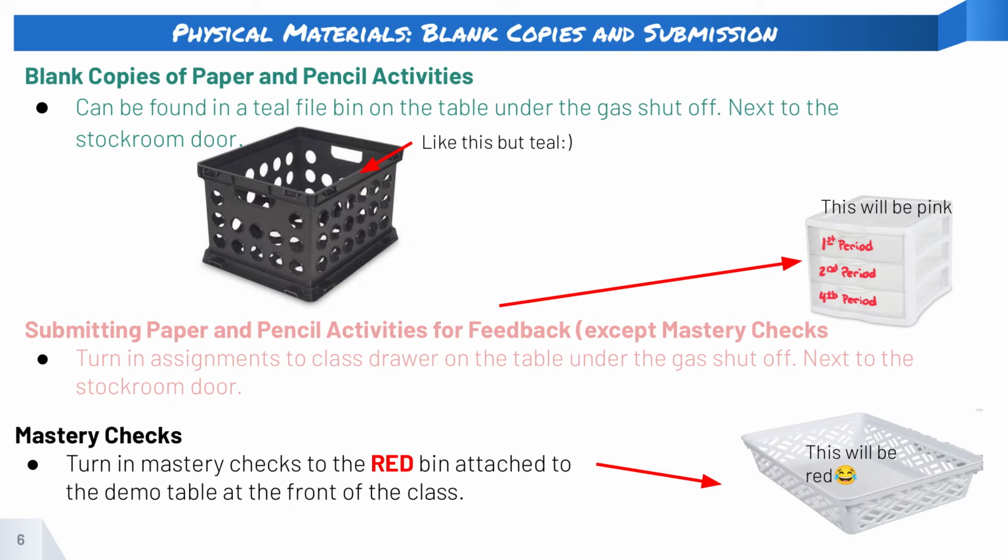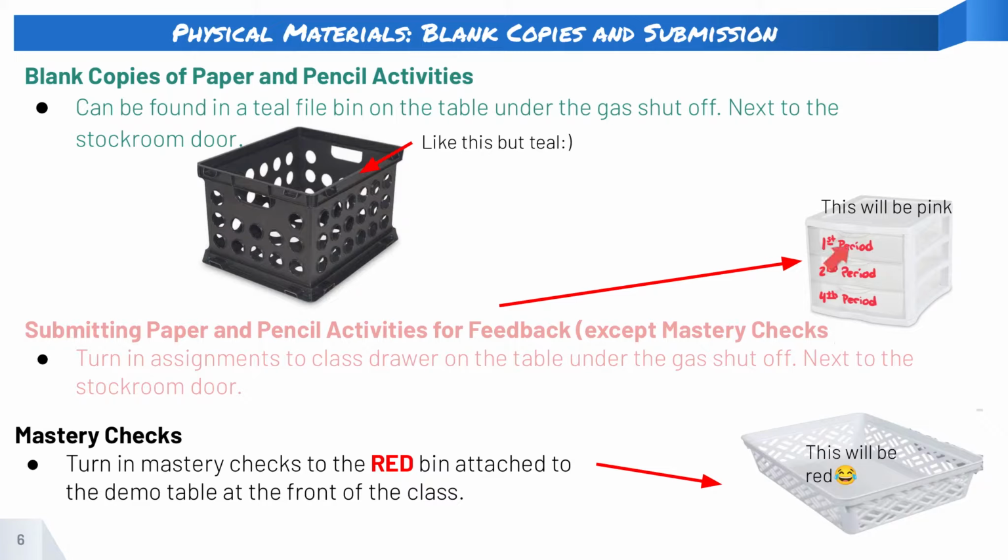In the physical space of the classroom, blank copies of paper and pencil activities or physical manipulatives can be found in this teal file bin. Yes, this one's black, but it's supposed to be teal. For submitting paper and pencil activities for feedback, all except mastery checks, they go into a pink file drawer labeled with their class period.